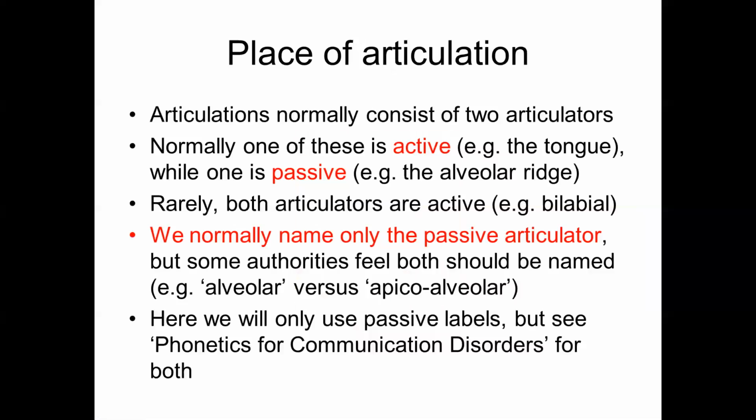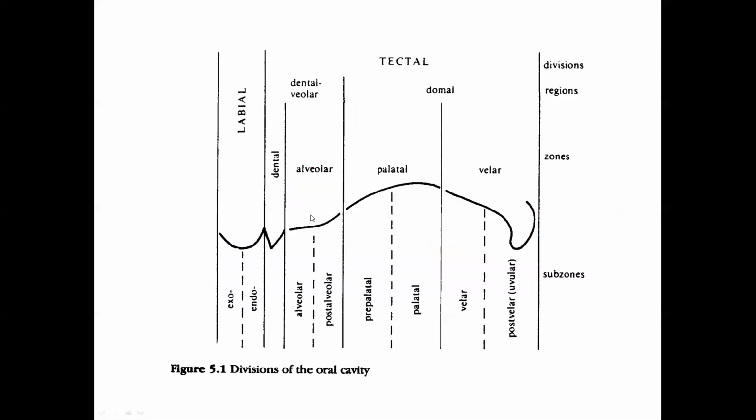This is a bit easier than manner, because all you're doing here with place of articulation is just tying together all those things you just did in your quiz on the articulatory system, which didn't seem to give people a lot of trouble, and this tends not to. All right, so normally when we talk about place of articulation, we're only naming the passive articulator, something along here in the oral cavity.